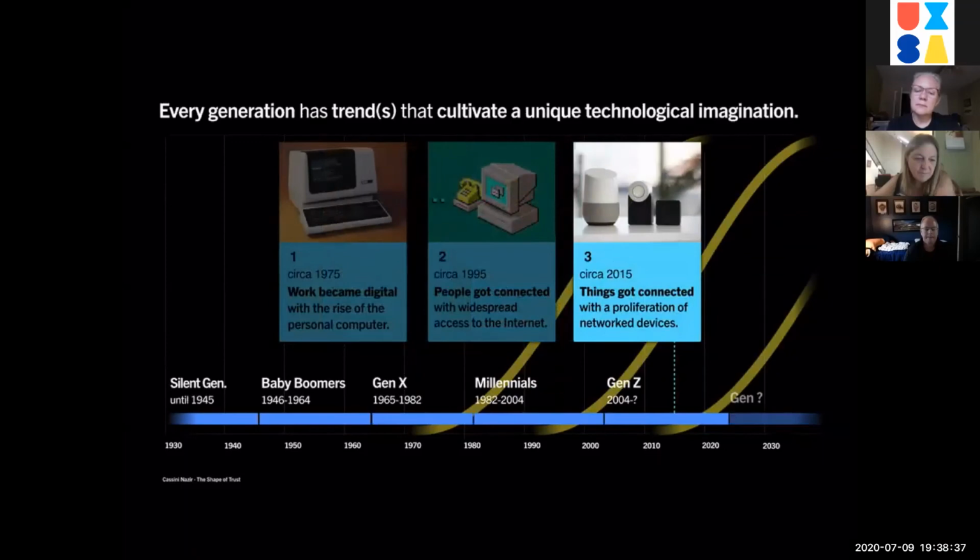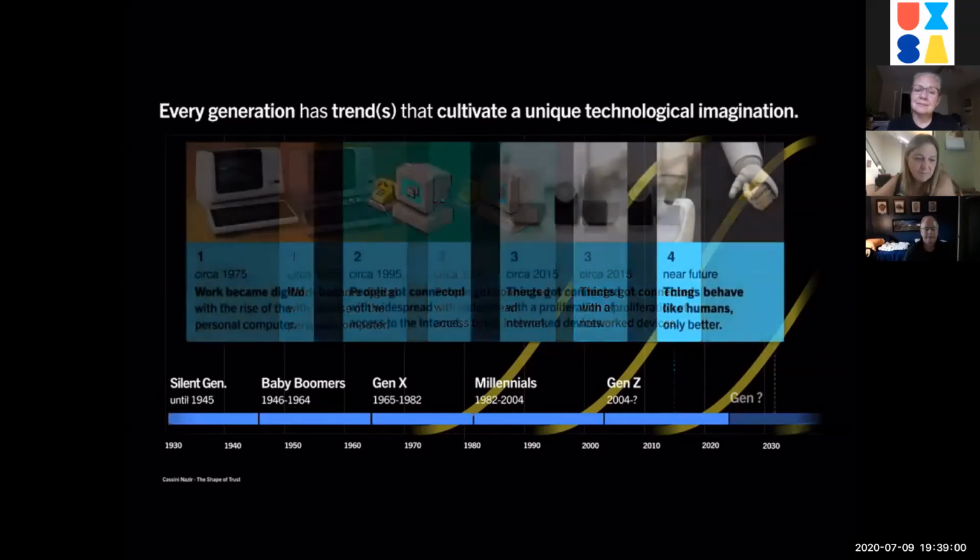After people got connected with the internet, we saw the beginnings of this in 2015, that things got connected. You may have an Alexa, a Google Home, any of these devices. You may have a smartwatch. Your fridge may be connected to the internet. Your stove may be connected to the internet. And there's this proliferation of connected devices.